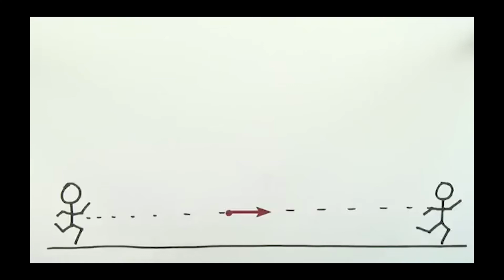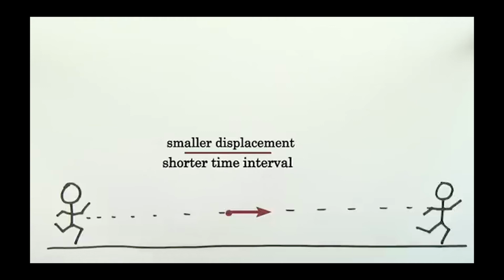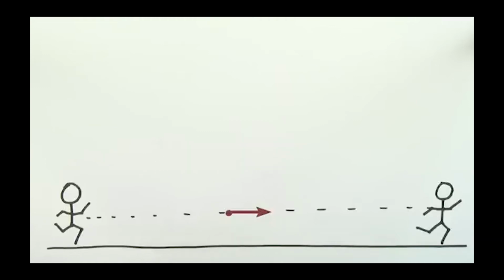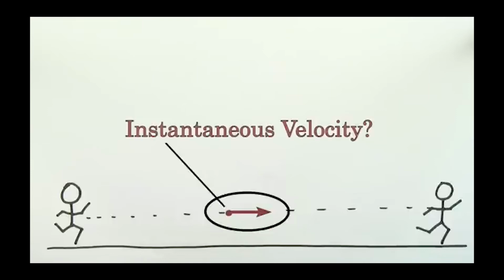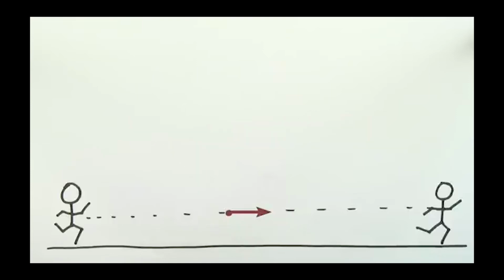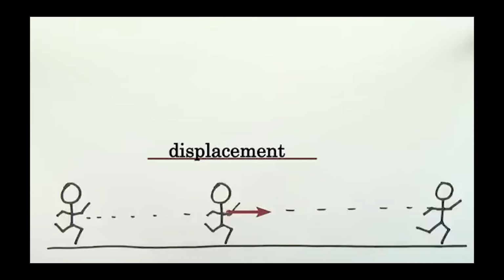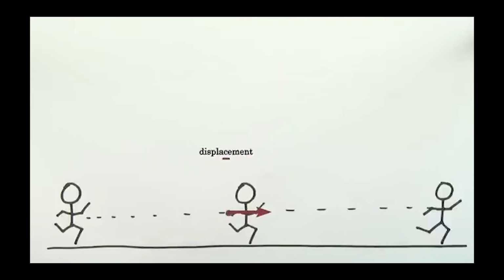In order to better zero in on the instantaneous velocity, we could choose an even smaller displacement over that even shorter time interval. But we're going to run into a problem here, because if you want to find a perfect value for the instantaneous velocity, you'd have to take an infinitesimally small displacement divided by an infinitesimally small time interval. But that's basically 0 divided by 0, and for a long time, no one could make any sense of this.